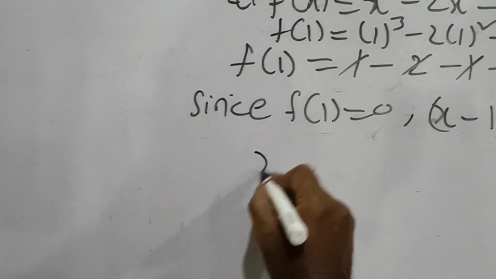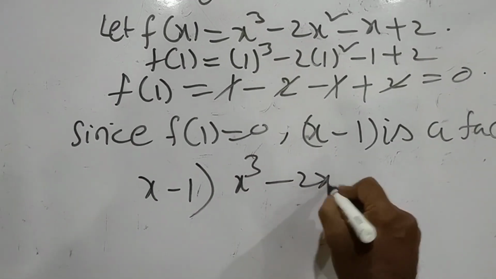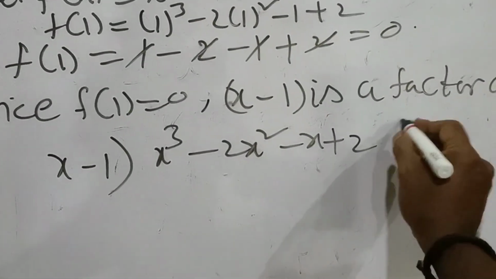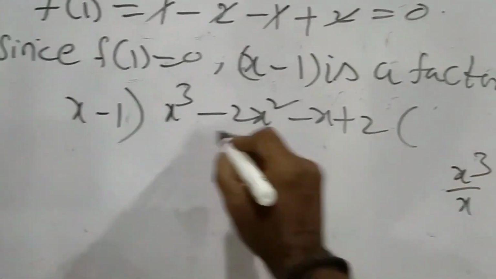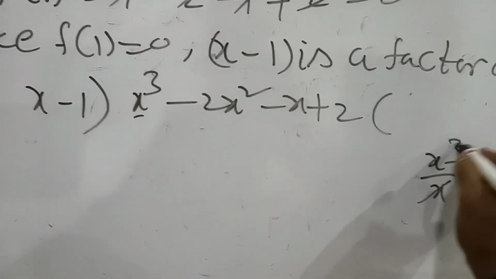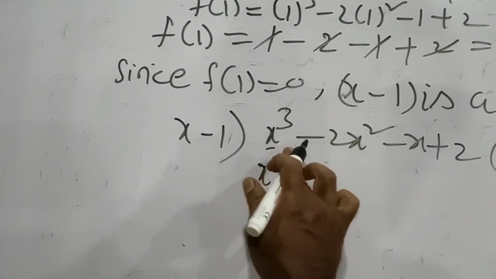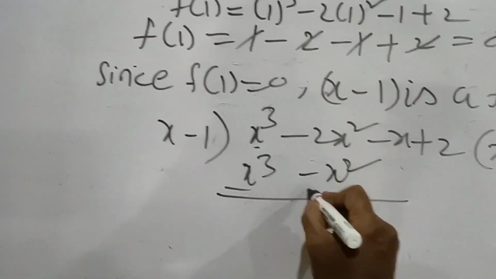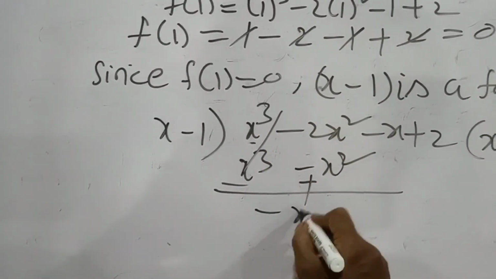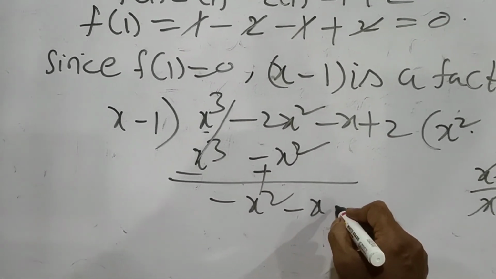So when this polynomial x cube minus 2x square minus x plus 2 is divided by x minus 1, first term by first term, x cube by x is equal to x square. X square into x minus 1 gives x cube minus x square. When we take away this, x cube gets cancelled, minus x square minus x plus 2.